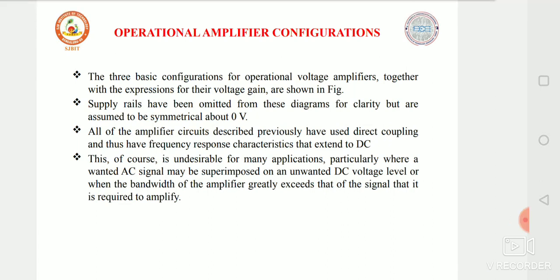This, of course, is undesirable for many applications, particularly when a wanted AC signal may be on an unwanted DC voltage level.